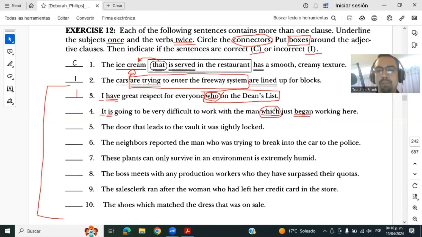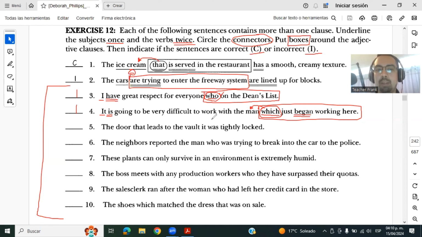Began working here, and it's describing the man. No, the object, sorry, the man, which just began working here. But this one's going to be incorrect. Number 4 is incorrect. Yes, why? Exactly, because which is for things or for a thing, right? And in this case, we are talking about a person, the man. So this has to be who, right? So this one's going to be incorrect because it's an incorrect connector, right?